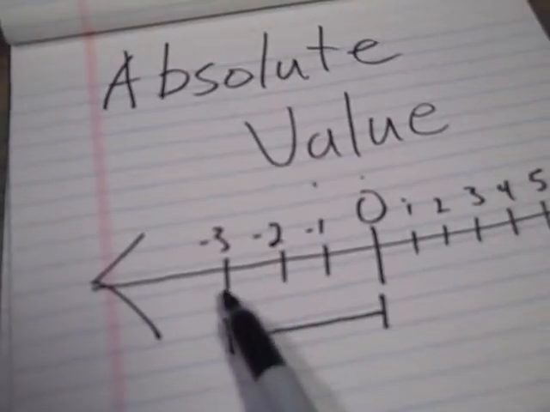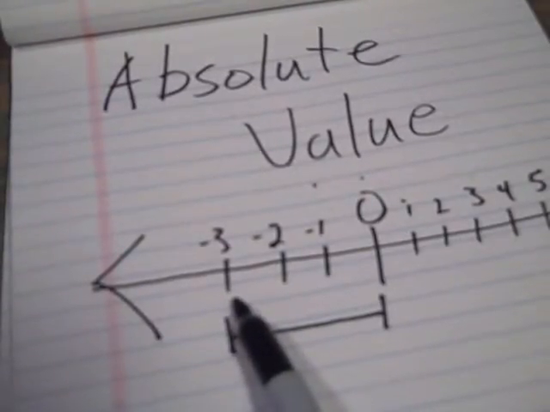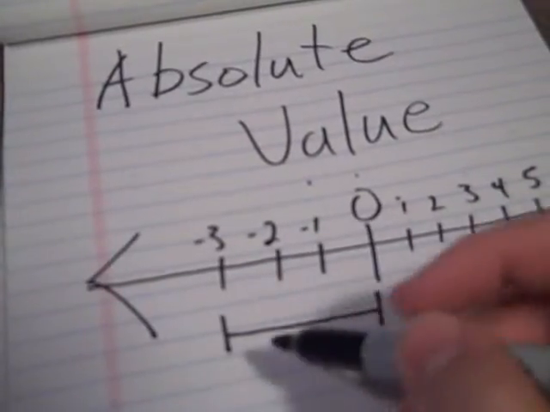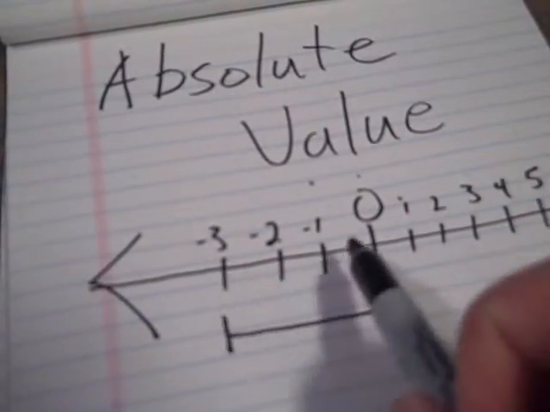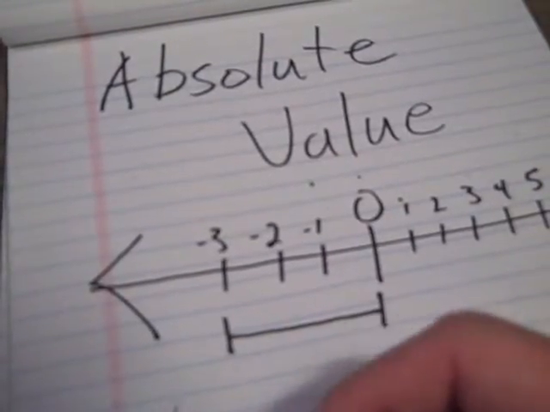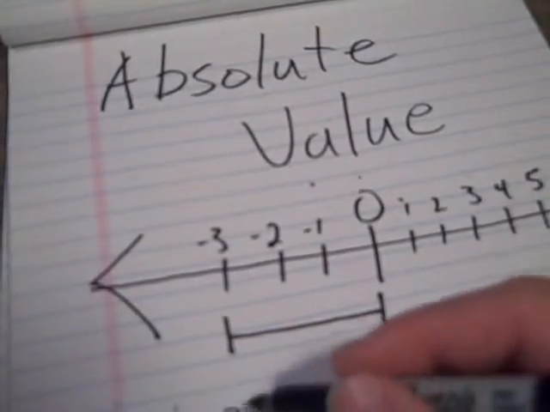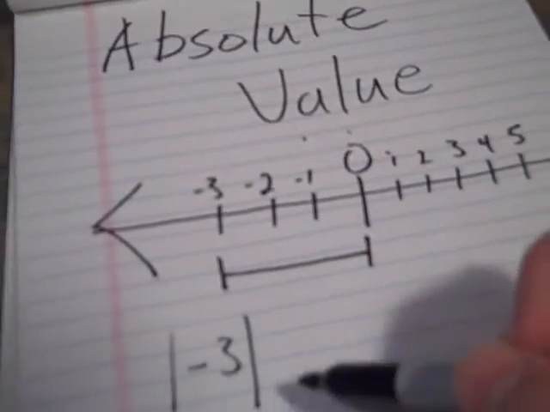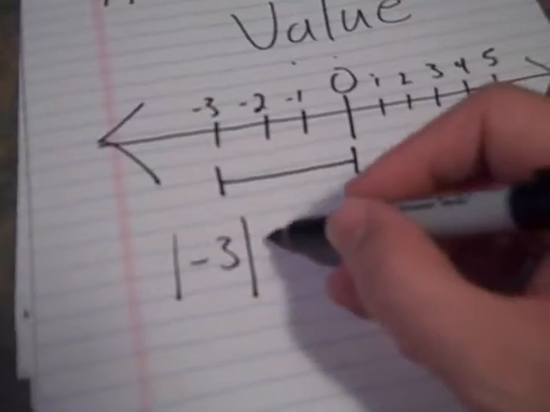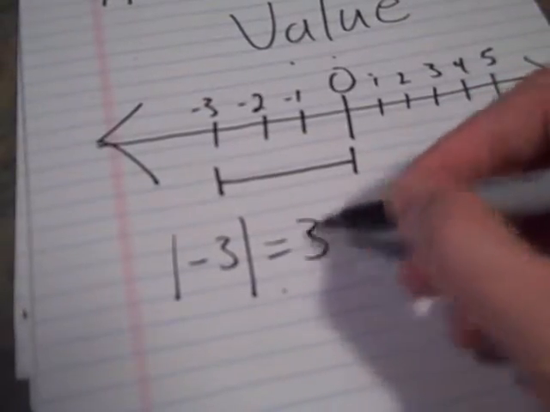But how many marks is it to 0? It's 1, 2, 3. So it's 3 steps away from 0. So you could write it that the absolute value of -3, this is how we mark absolute value right there, with these lines. The absolute value of -3 equals 3.